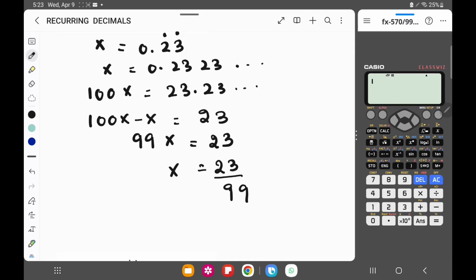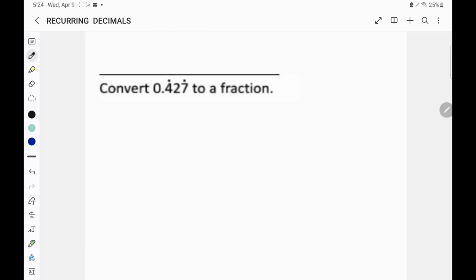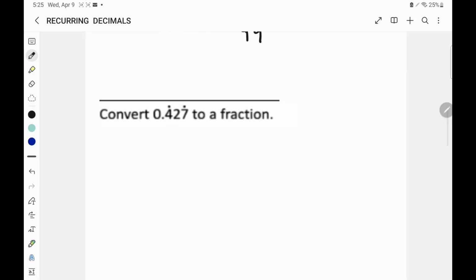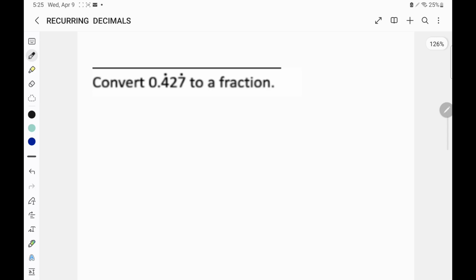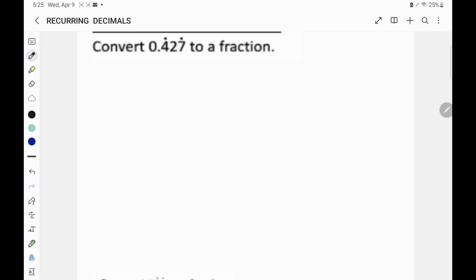Okay, now the next question. Let's take another example that converts 0.427 recurring into a fraction. This recurring decimal has three place recursion, so you multiply by 1000 in this question. Let x equal 0.427. The dots mean 427 427, the numbers are repeating.